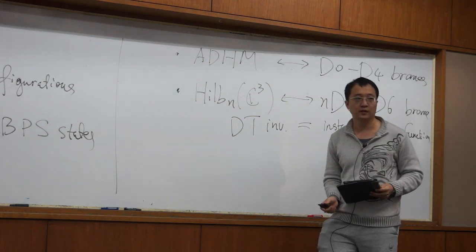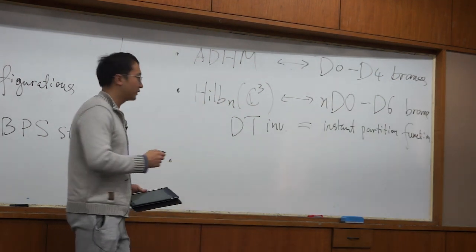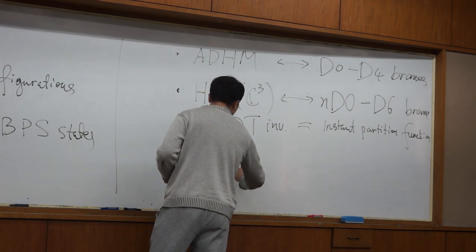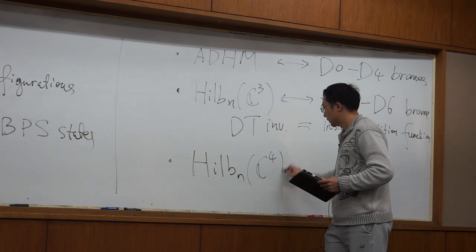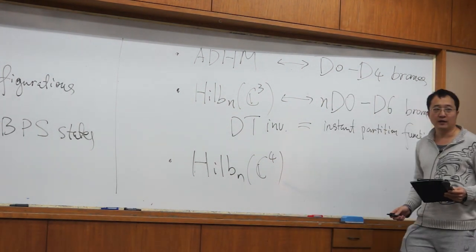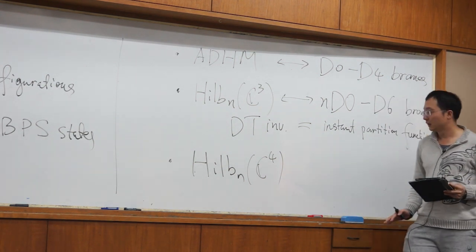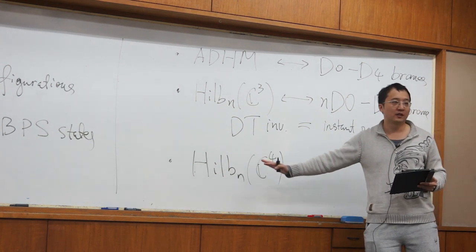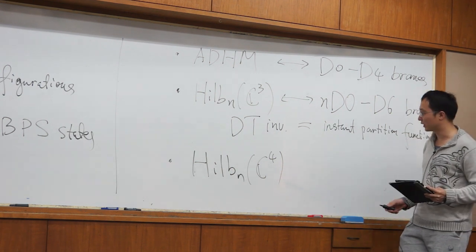It is also a very difficult question, and many people are working on it. Consider the Hilbert scheme of points on C4. I know recently there are a lot of works on this side, understanding the moduli spaces, and I also know that several Japanese mathematicians are working on this.